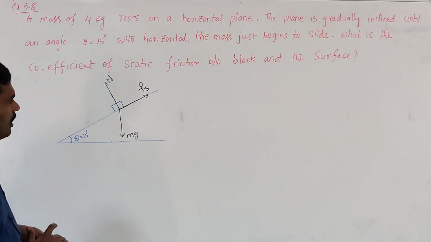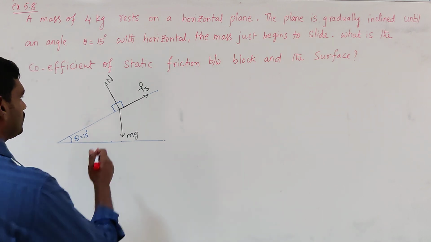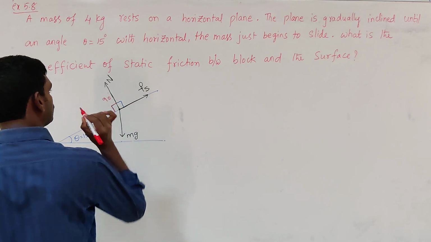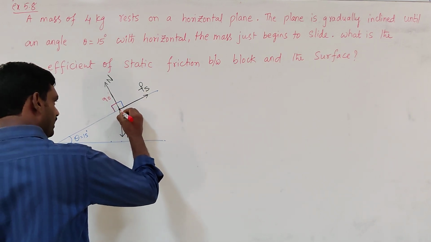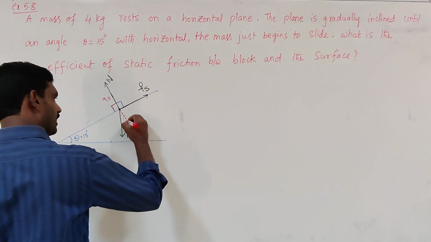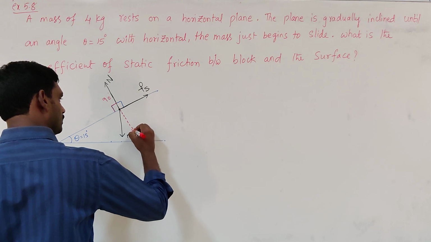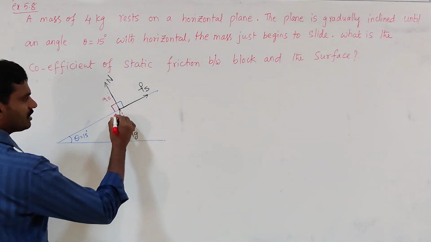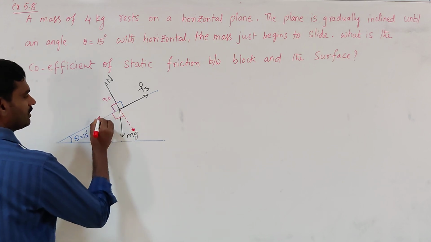Right. Now, the angle between this and this is nothing but 90 degrees. And I am drawing a projection like this. So here this total angle is 90 degrees.